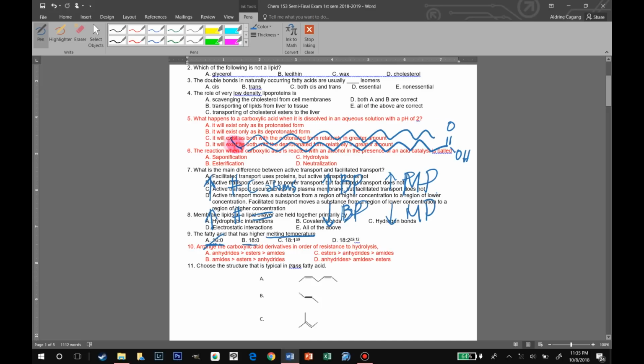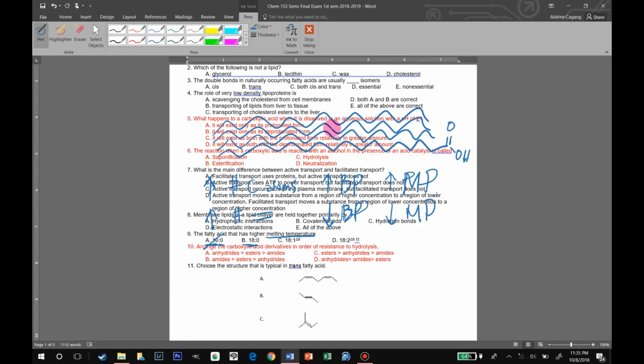Again, the reason is that you have a saturated fatty acid here, 0 double bonds, so you have a maximum stack of your fatty acid chain. They can maximize the London dispersion forces. Plus, there are no kinks in the structure, so they can stack neatly on top of each other. They can be more of a solid structure, therefore it's going to melt at a higher temperature.